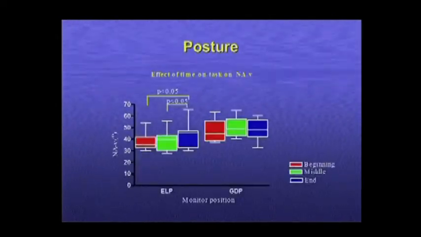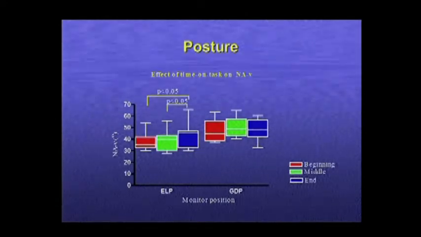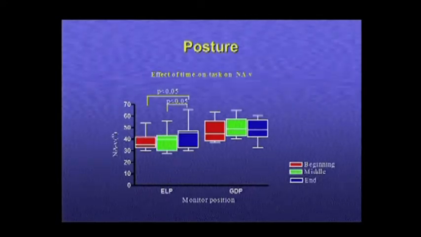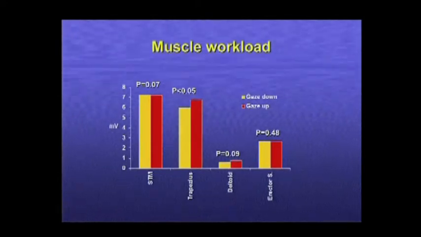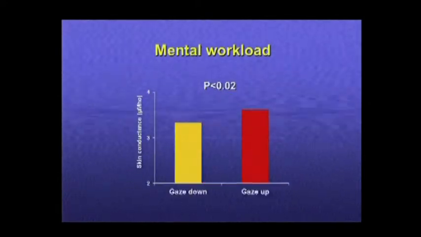Now, what this slide shows, here is eye level and here is gaze down. So with eye level, with time, the surgeon tends to move their head around to the front. And this is translated to more workload of the trapezius muscle, and translated as well to more mental workload if you use skin conduction as a measure.